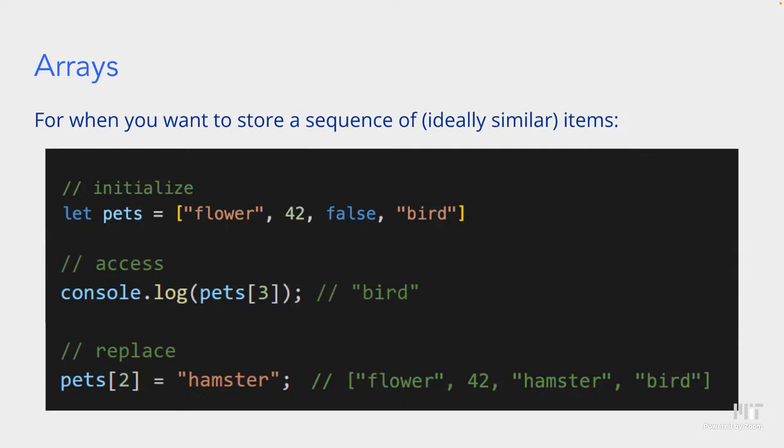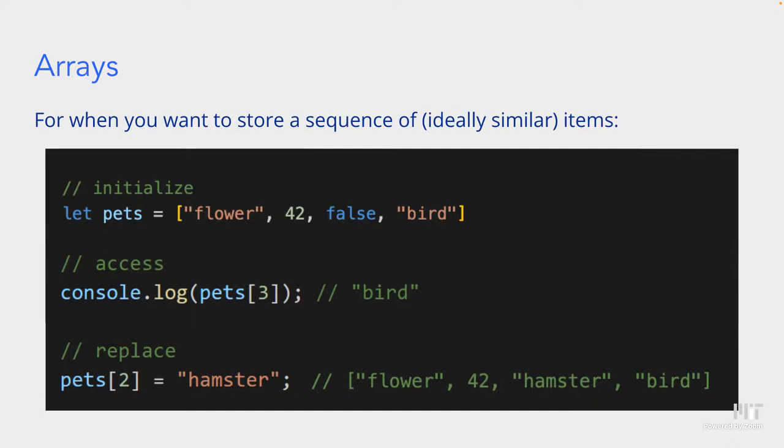You can access items by using the bracket, and the array is 0-indexed. Whatever you want to access, remember that you have to start counting from 0, from left to right. So if you want to access pets bracket 3, flowers is the 0th position, 42 is the first, false is the second, and so bird is the 3rd position.